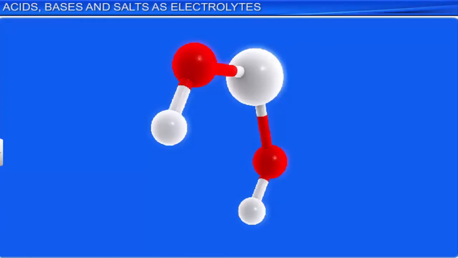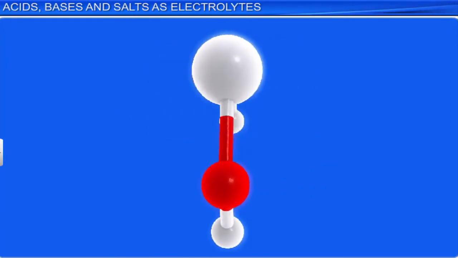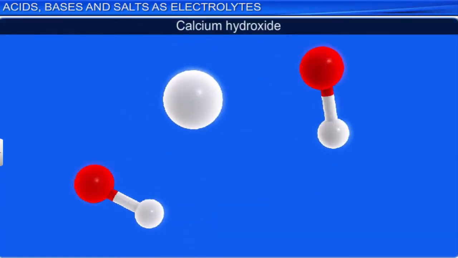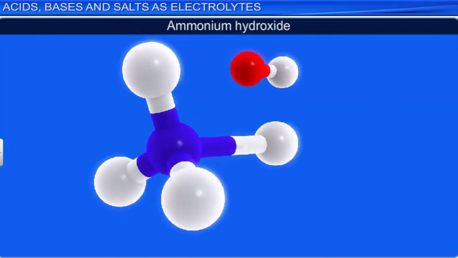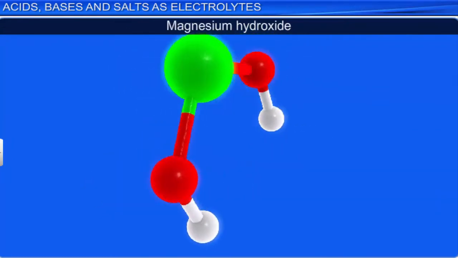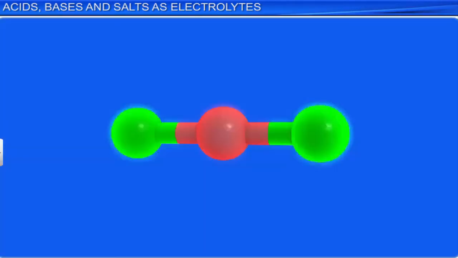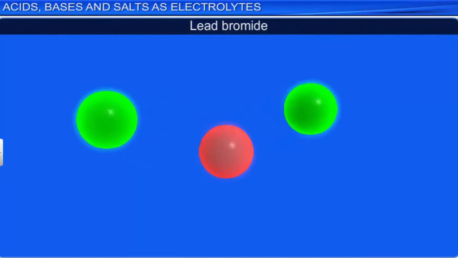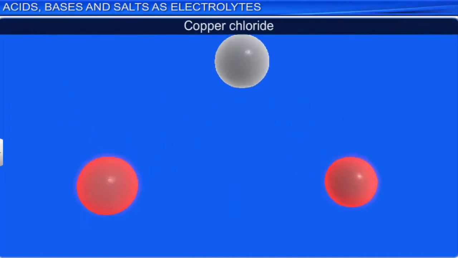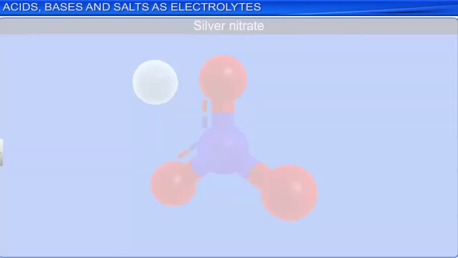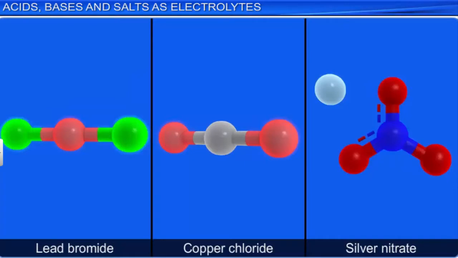On the other hand, weak bases such as calcium hydroxide, ammonium hydroxide, and magnesium hydroxide are weak electrolytes. Salts like lead bromide, copper chloride, and silver nitrate dissociate completely, so they act as strong electrolytes.